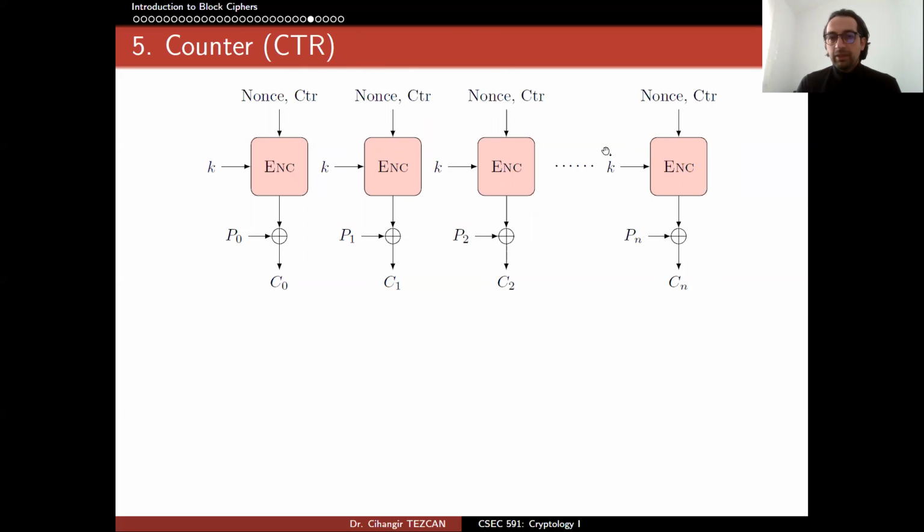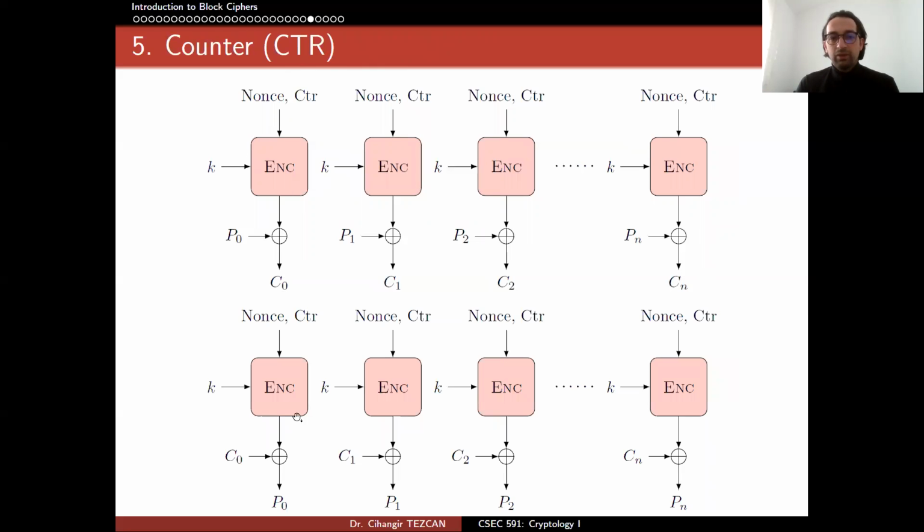When you're communicating, you have to tell which counter you use, and they will also do the same operation here. So the person who wants to decrypt will do the same operation and obtain the same value here like you do. But what you did was to XOR your output with your plaintext block and obtain the ciphertext block.